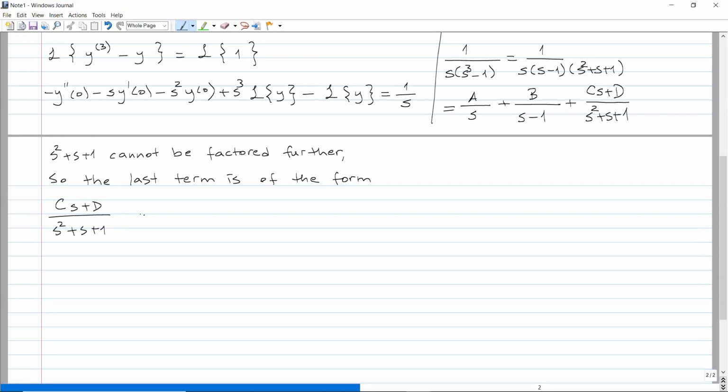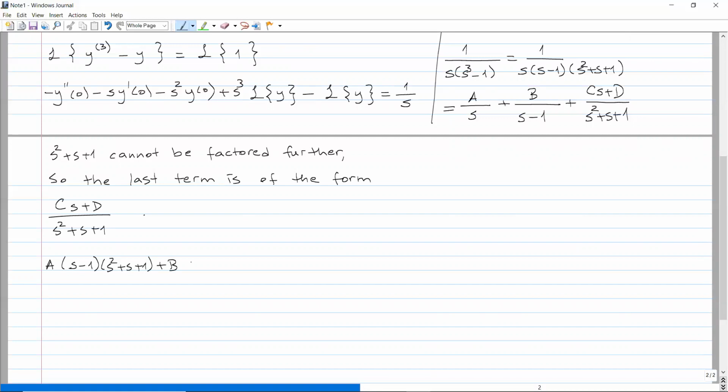Okay, now to find the constants a, b, c, d, on the right side, we again get the common denominator. Of course, the common denominator is s times s minus 1 times s squared plus s plus 1. So we multiply the number a with s minus 1, s squared plus s plus 1.